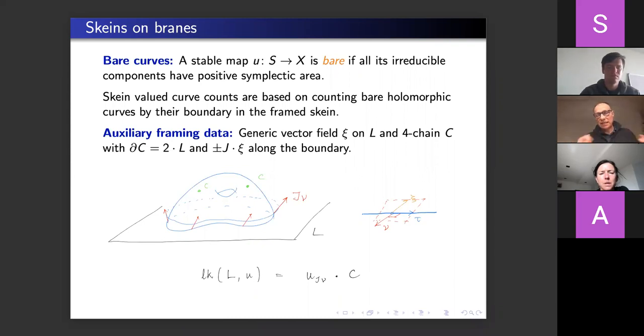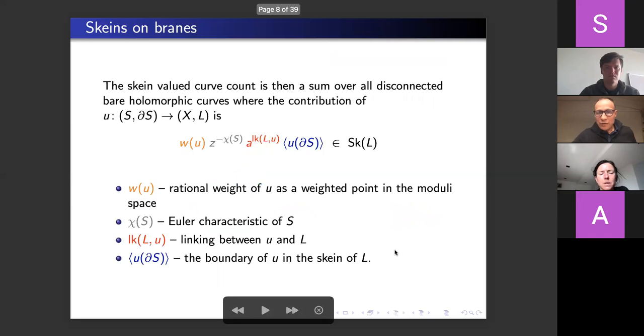Since the four-chain goes out in j times the psi direction, the curve is now disjoint from the four-chain near the boundary, and I can count the intersections. There's no strange boundary contribution now, but I have these green points, and I call that the linking number of L and U. And now I'm ready to tell you how I count a holomorphic curve.